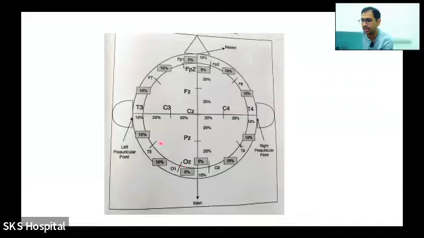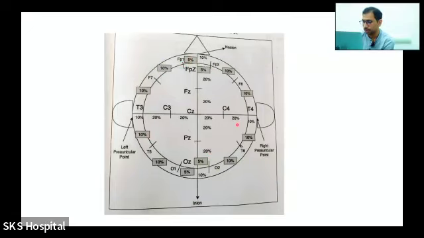So all the points, like I said, 10, 20 would become 5 and 10 here. So it is 5% from OZ to O1, and O1 to T5 would be 10, and T5 to T3 would be again 10. Then T3 to F7, 10, F7 to FP1 is 10, FP1 to FPZ would be again 5%. So this is how it goes. On the other side also the same points.